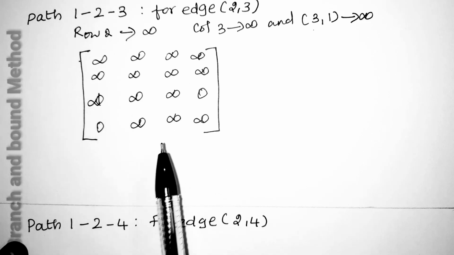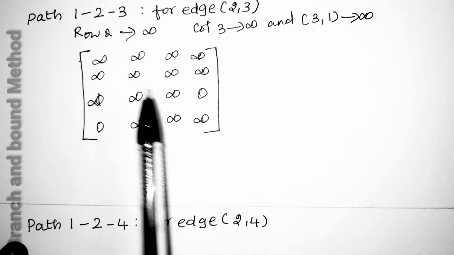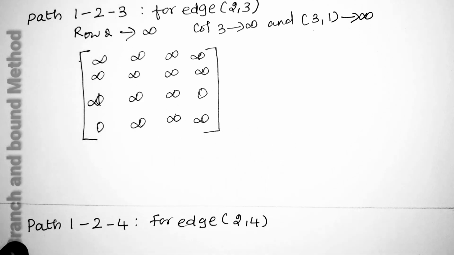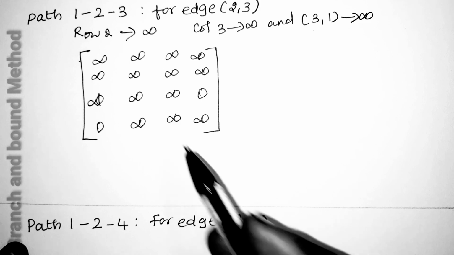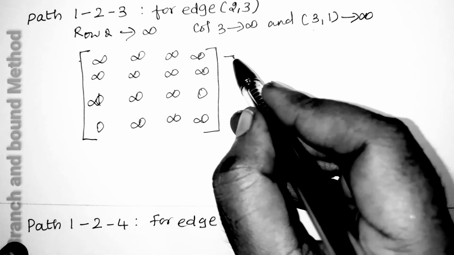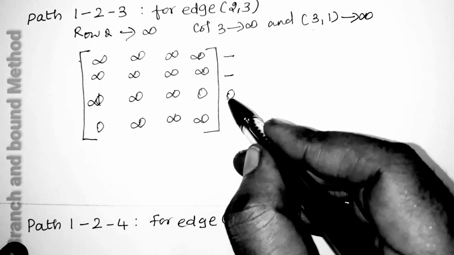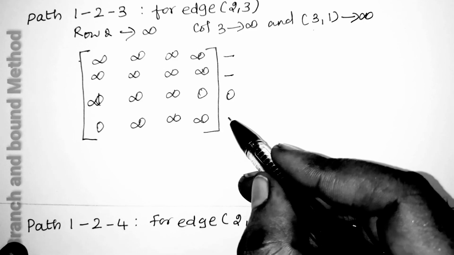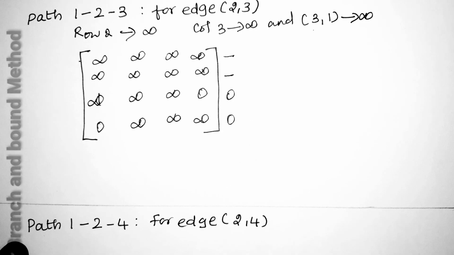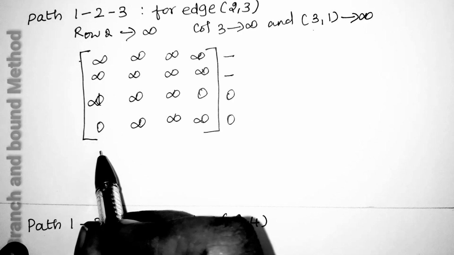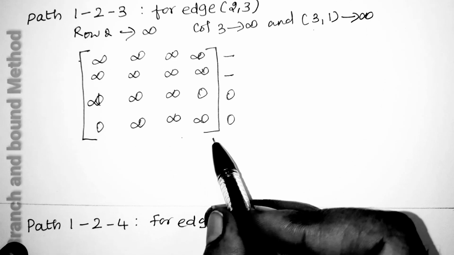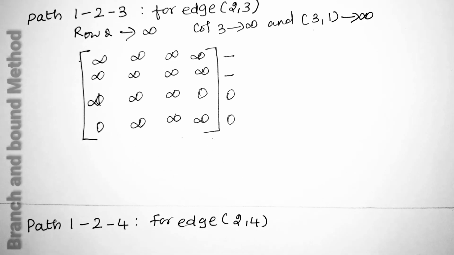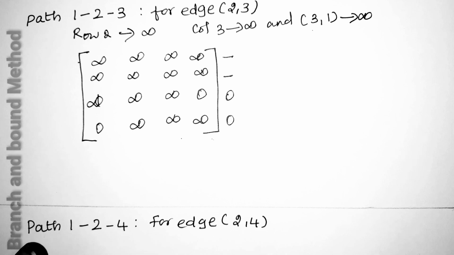This is the reduced matrix for the path 1, 2, 3. For this, you have to perform row operation and column operation. First row infinity, second row infinity, third row 0 is the minimum number, fourth row 0 is the minimum number. Column wise, you can check 0, infinity, infinity, and 0. So, we can write the reduced cost directly.